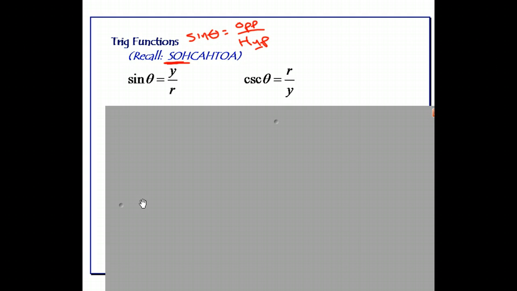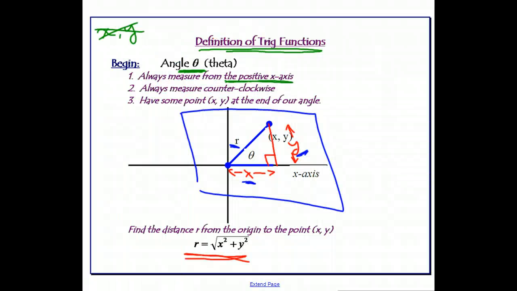Let's come back and look at our picture. Sine is opposite over hypotenuse. Let's look back at that triangle we've got. Sine is the opposite. Oh, look, that's the y-coordinate. And right here's our hypotenuse. So sine is y over r.